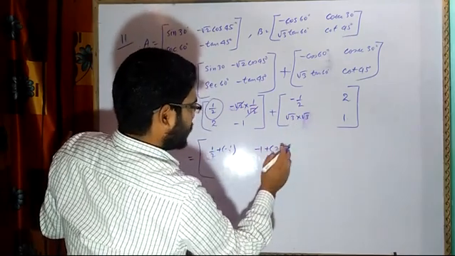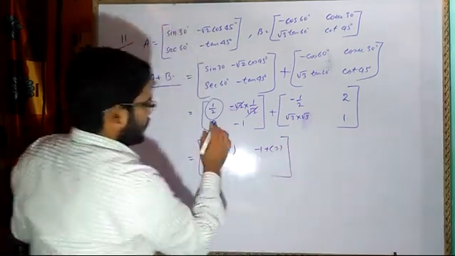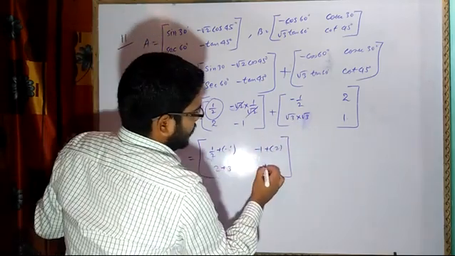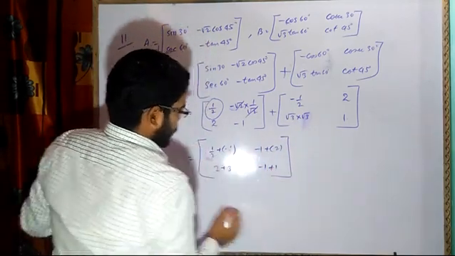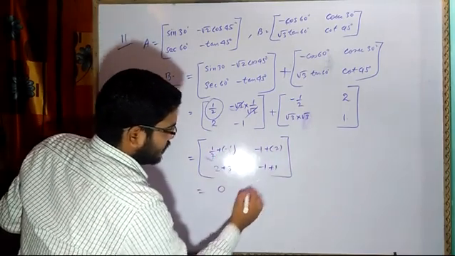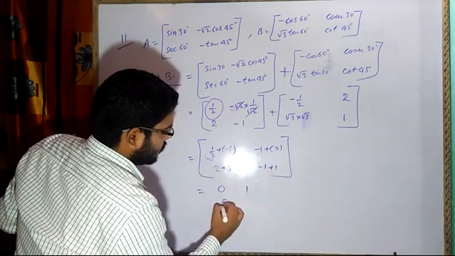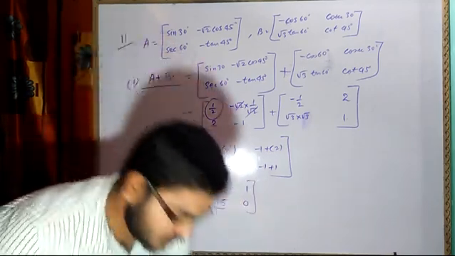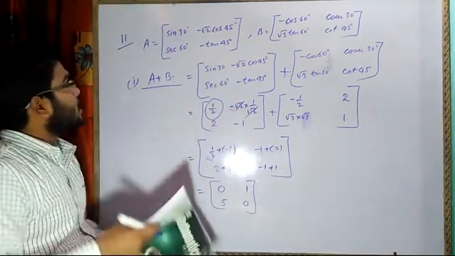Here we have 2, then here we have 3, here minus 1, here plus 1. Now if you simplify, plus 1 minus 1 will be 0. This will be equal to 1. This will be equal to 5. And this will again be 0. So in this way we will solve the answers, and I hope all the answers are correct.